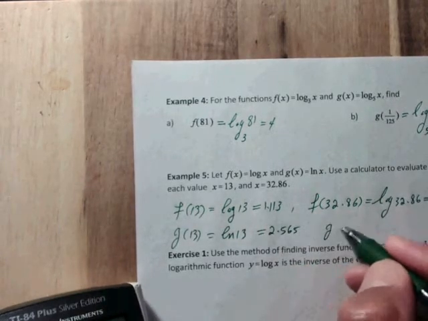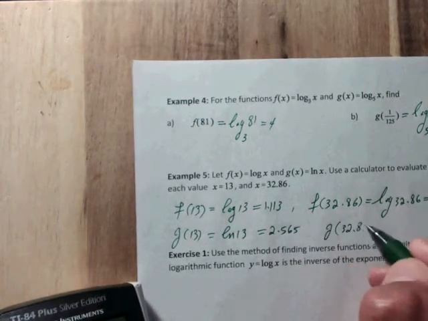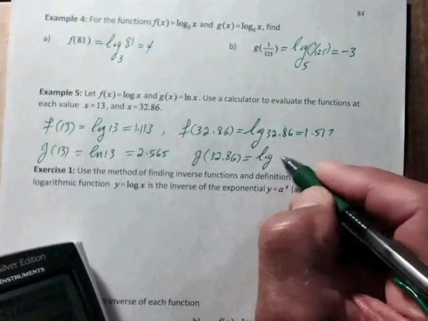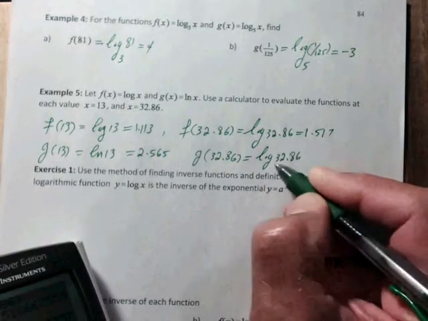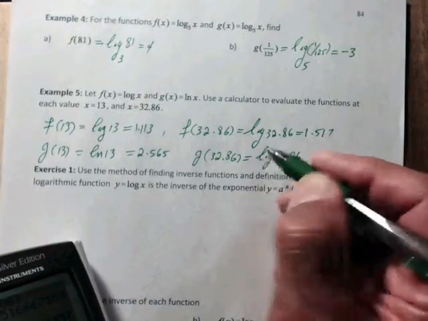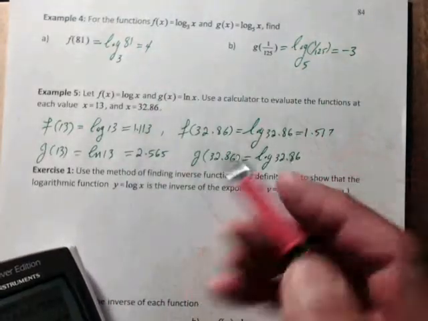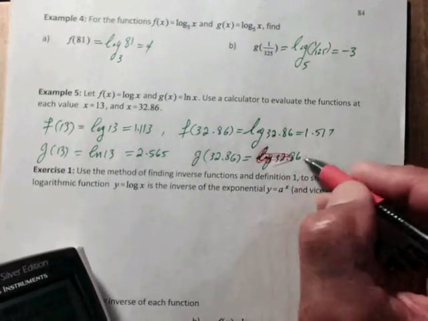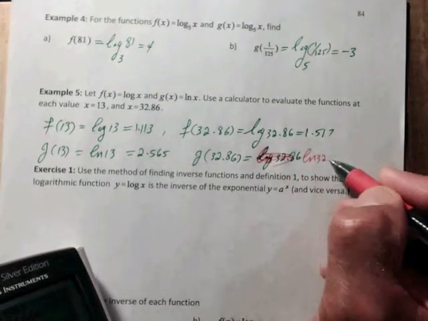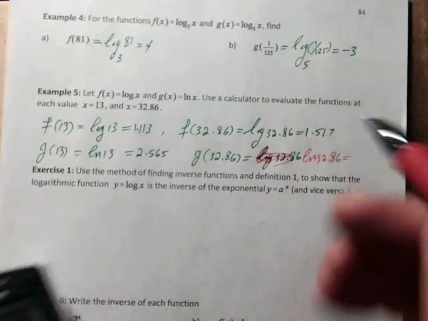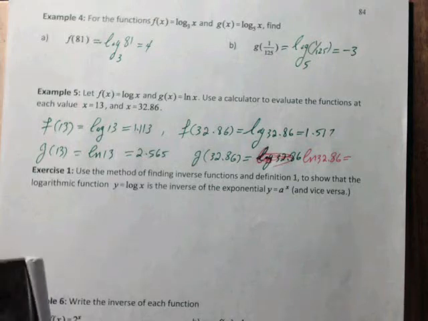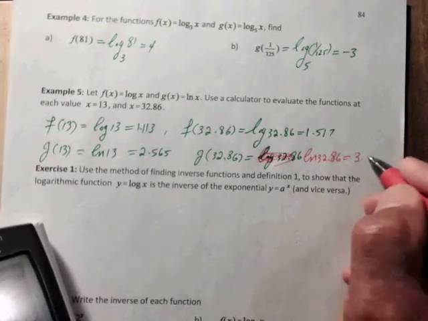And g of 32.86 is equal to ln of 32.86, I'm sorry, ln, not log, natural log. I have almost 3.5 if you round it up.